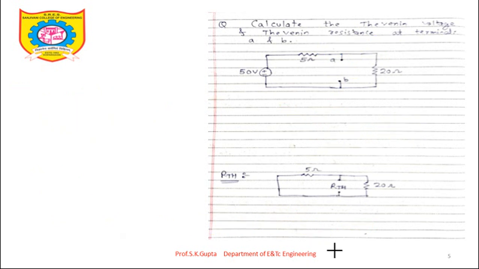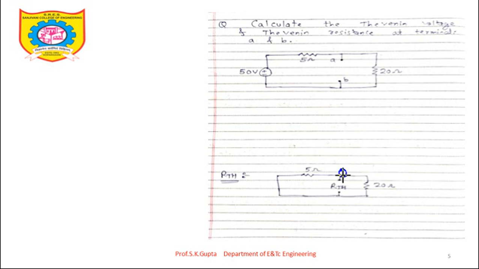Now we will calculate RTH. RTH is the resistance between this terminal. Now how are this 5 ohm and this 20 ohm connected? You cannot say that these are connected in series because they are not exclusively sharing this node. This branch is also sharing the resistance.